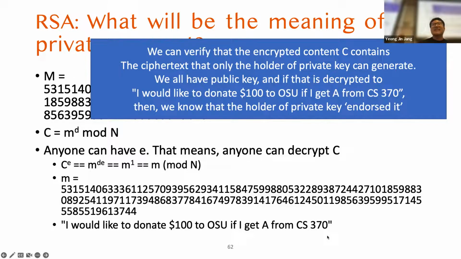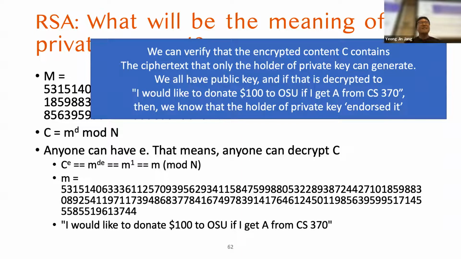That means the holder of the private key actually encrypted this message, and that can only be possible by the holder of the private key. And anybody, as a regular user, can verify that the sentence has been encrypted with the private key by running decryption using the public key.